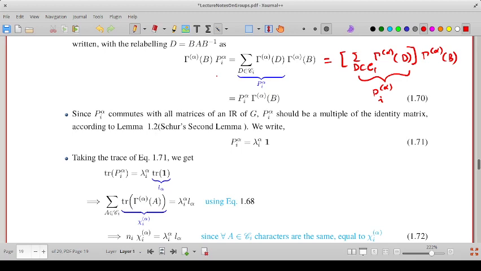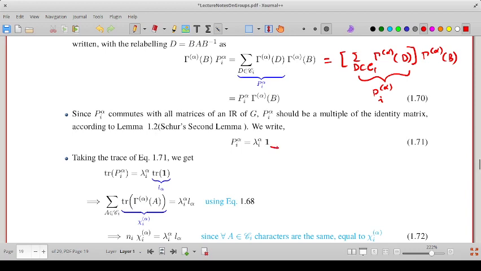According to Schur's second lemma, if P alpha I satisfies this condition, it should be a multiple of the identity matrix. That multiple will be labeled as lambda alpha I, with the indices alpha and I because we have alpha and I appearing here in P. So P alpha I will be written as lambda alpha I times the identity matrix.